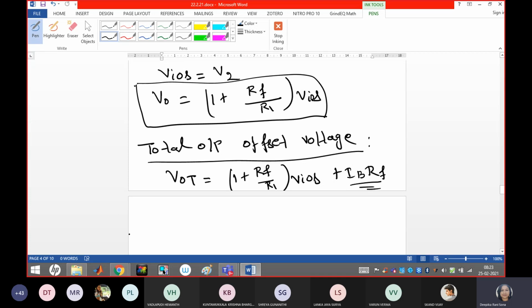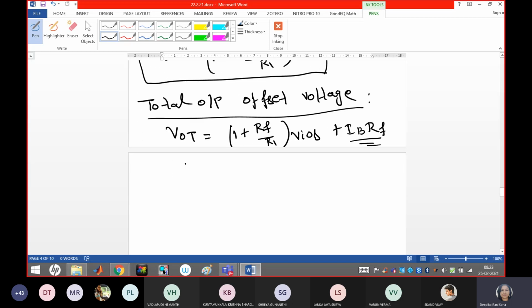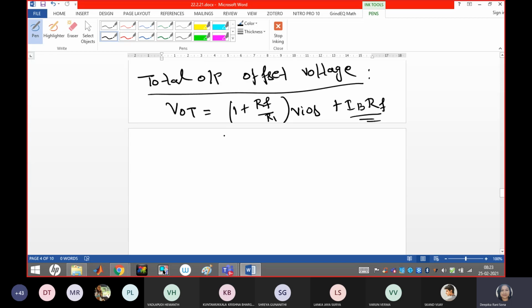Previously. So with RComp, if I want to represent the value, for the total output offset voltage I have to show that figure. Guys, this is only IB. This can be represented with IOS, no?